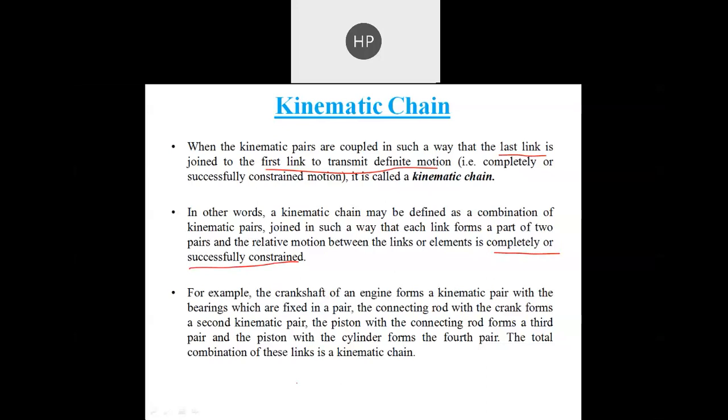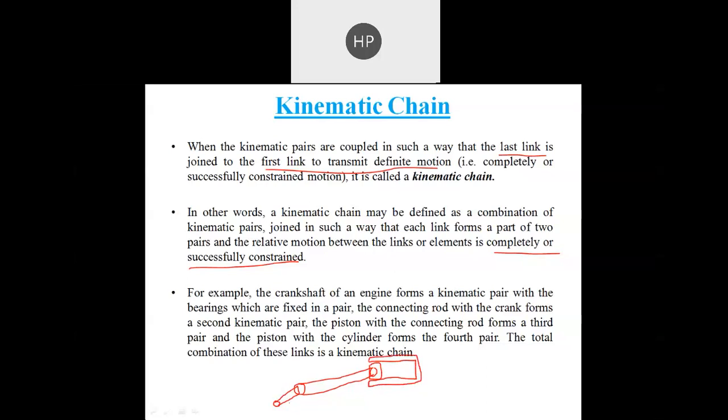The example we have already discussed earlier, but we will see it again. Suppose we have this crank. That crank is connected with the connecting rod, and here we have this piston, and this piston is fixed in a cylinder like this.